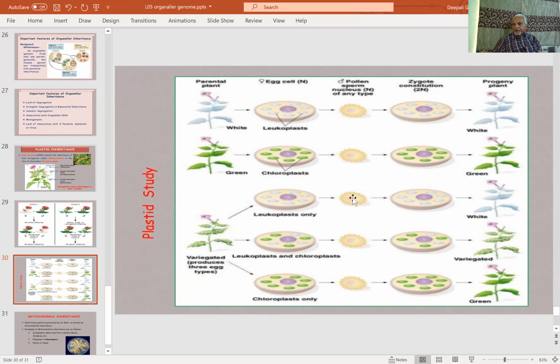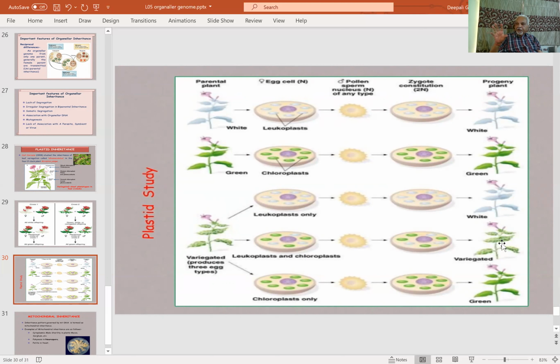When they get fertilized with the male reproductive cell or the pollen, three types of zygote are generated: one which has only leucoplast, one with only chloroplast, and one with both leucoplast and chloroplast. And their offsprings, all will be white, all will be green, and then you will see this kind of variegated pattern.